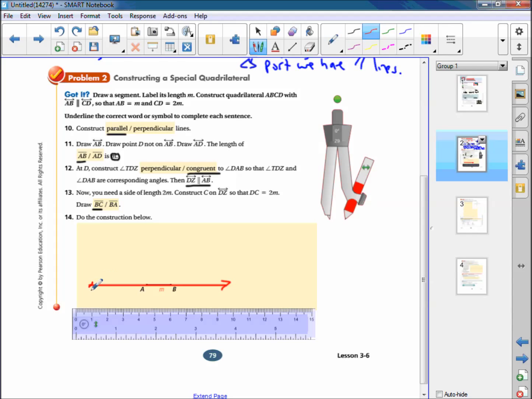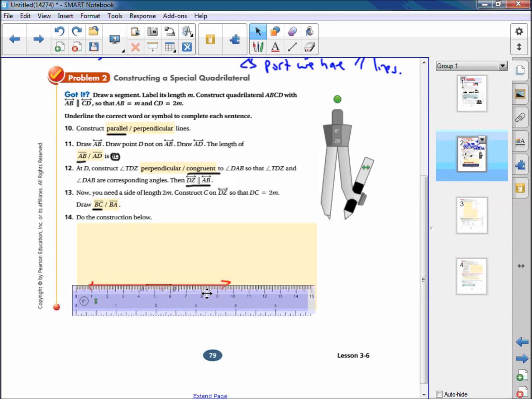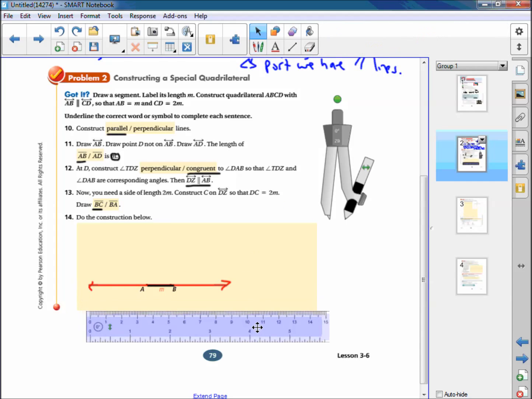We're going to do it in red, and our regular construction is going to be in black. So we'll move the ruler up and darken the AB part in black. Now, AB is marked length M, so we're going to need to make the next segment on the top be twice that long.